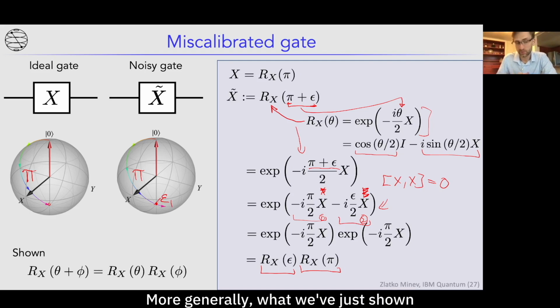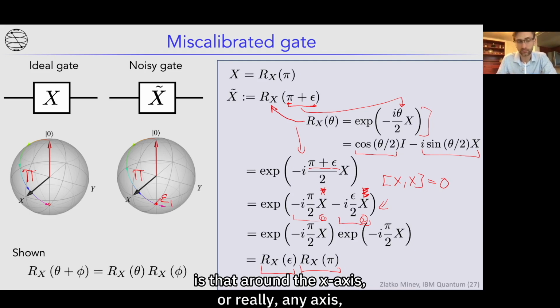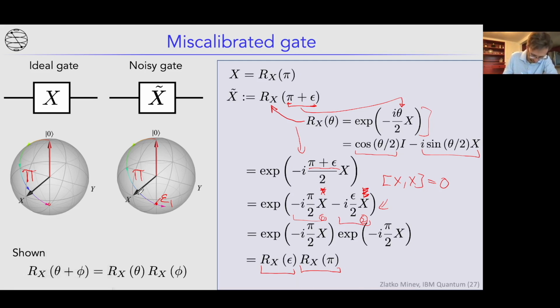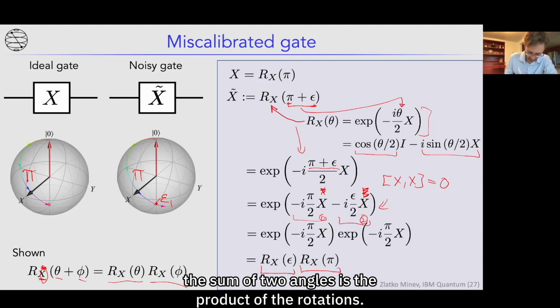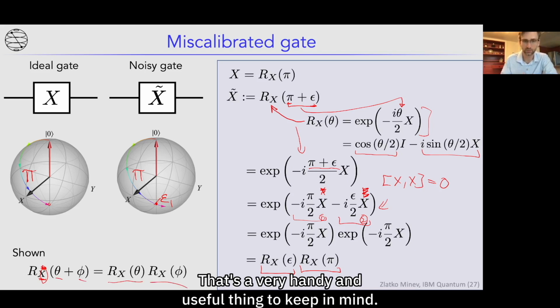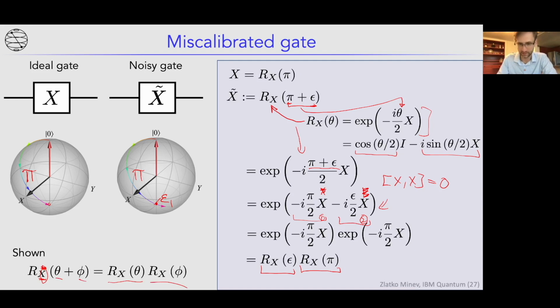More generally, what we've just shown is that around the x-axis, or really any axis, the rotation of the sum of two angles is the product of the rotations. That's a very handy and useful thing to keep in mind.